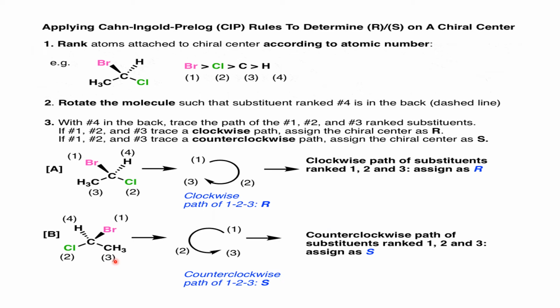And our eyes move in an anti-clockwise direction. You got it? Hence this isomer is labeled as sinister or S isomer. This labeling is called R and S configuration or absolute configuration. Take down.